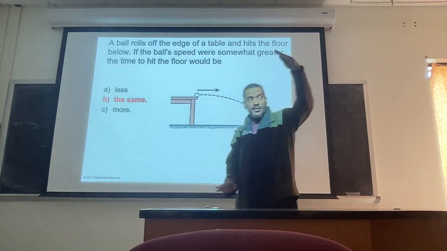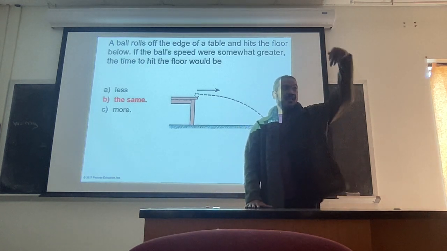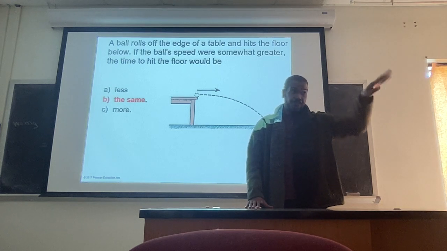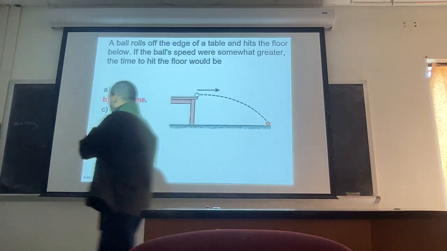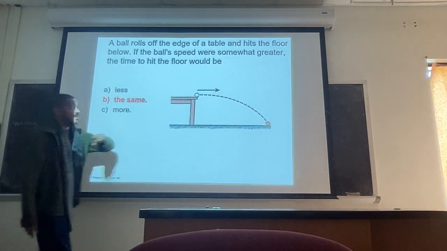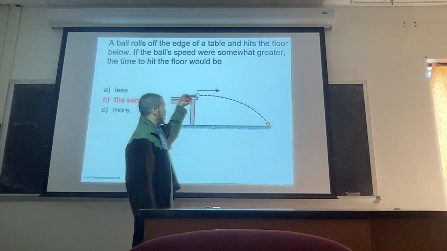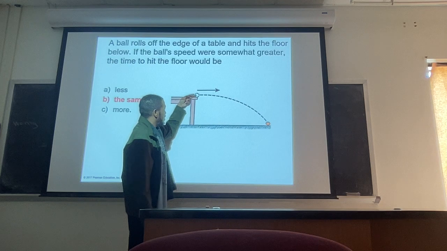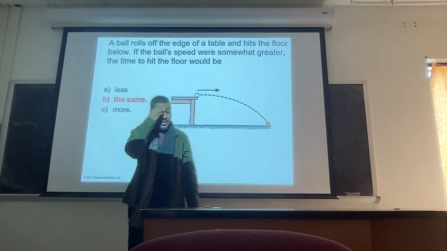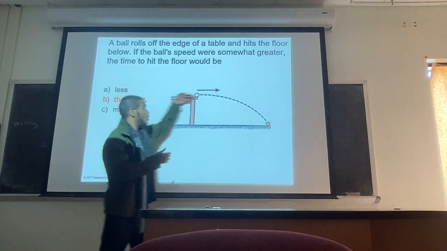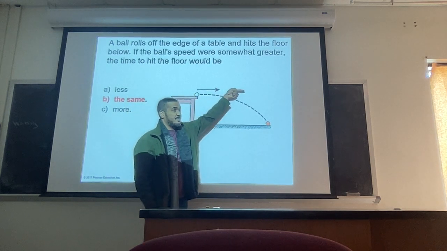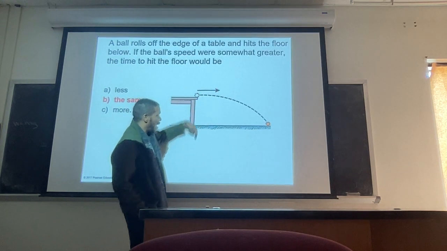So the way the feather is moving through the air, that's just the air resistance making the feather behave like that. Okay? So that's the answer to this question, right? The same. So there is no difference in the motion in this direction of this ball, if me just dropping this ball or me just rolling it off of the side of this table. Because when I roll it off, the only motion it has is in the X direction. No motion in the Y.